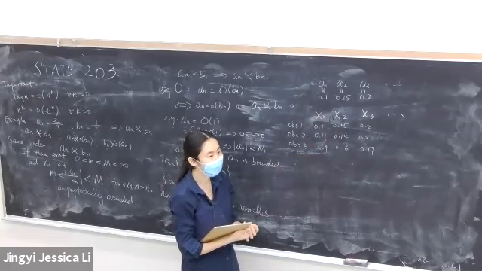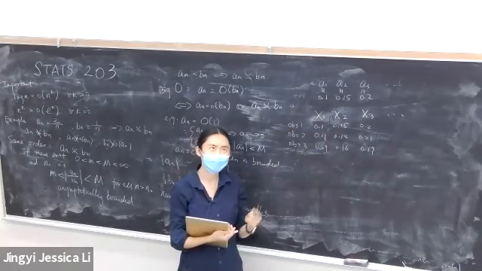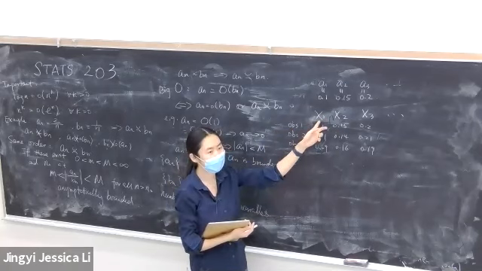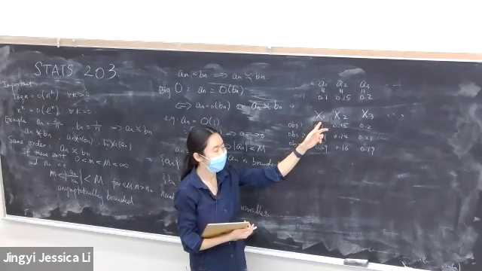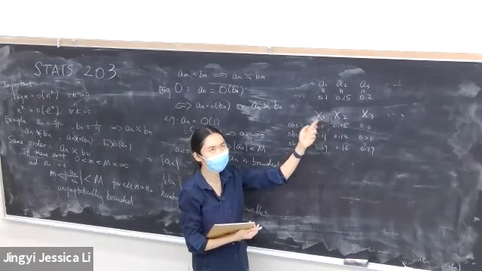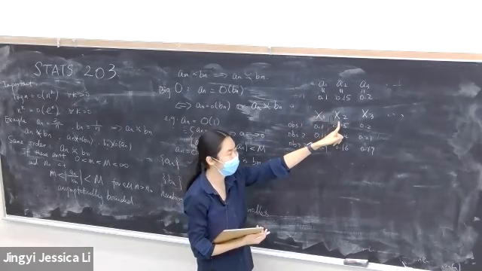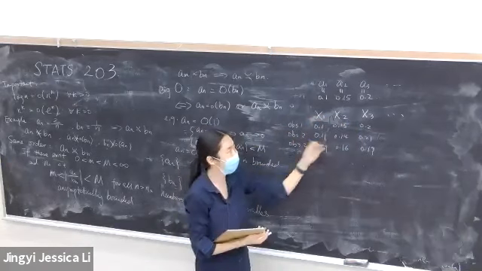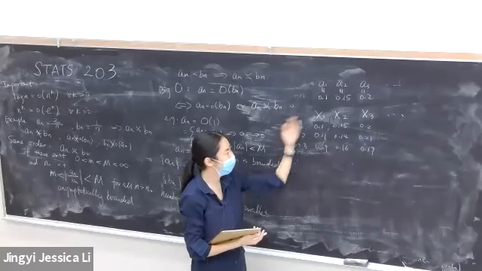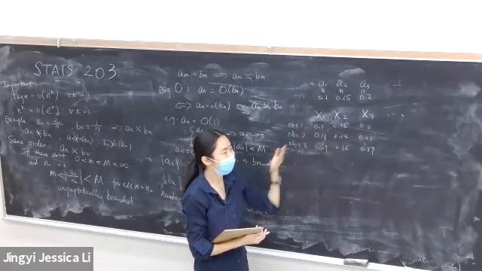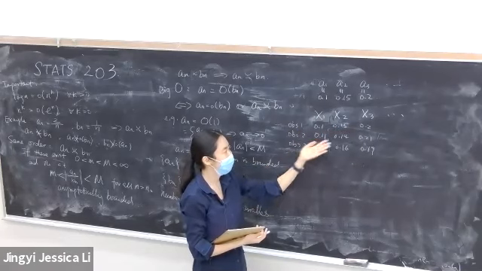To give you a more concrete example, just think about this as a binary coin toss. This is the first toss, second toss, third toss. When I do the tossing, my sequence could be 0, 1, 0. When you do the tossing, it could be 1, 0, 1.